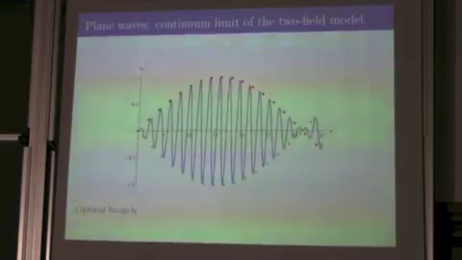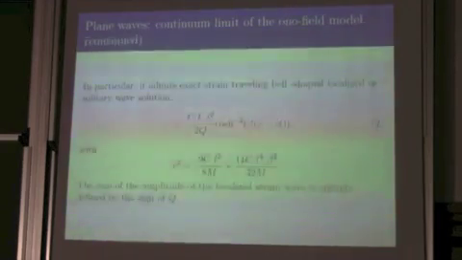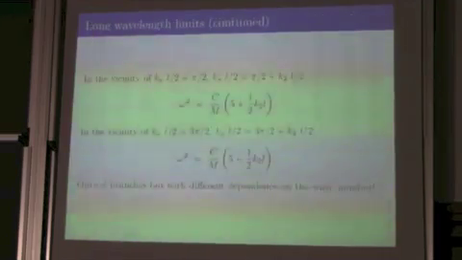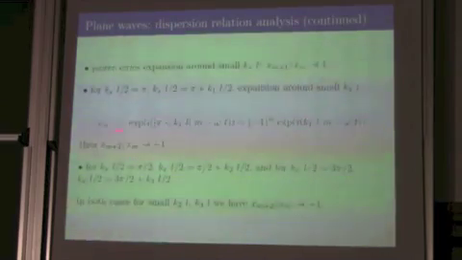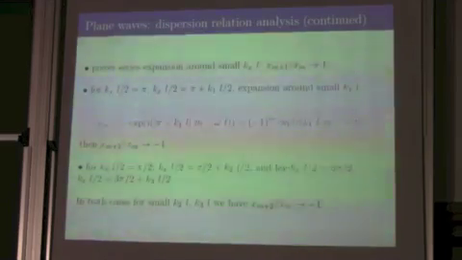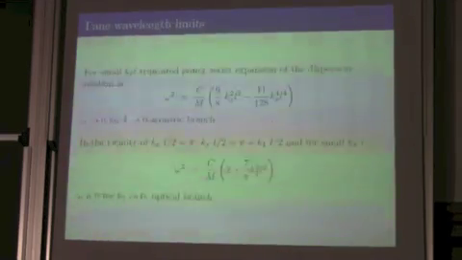Now let us see what happens for the two-dimensional, so-called two-field model. It corresponds to this case, and here we see that the ratio of the displacements of neighboring masses tends to -1.